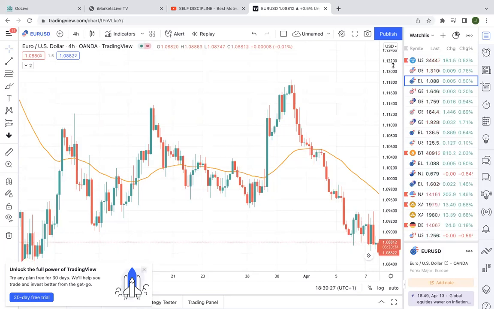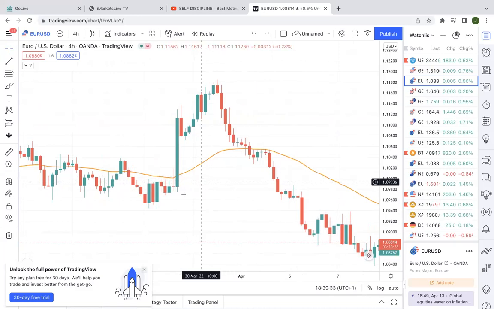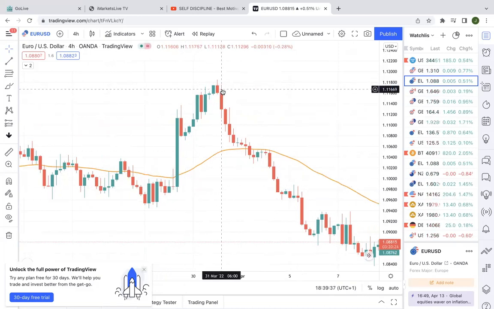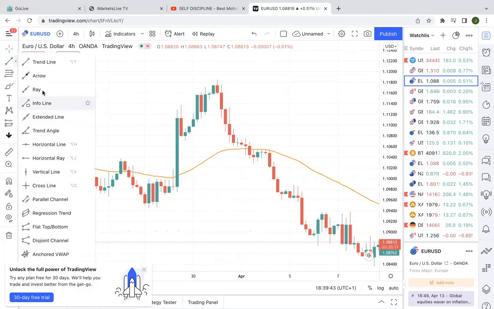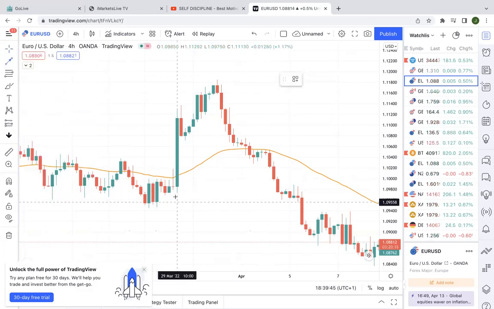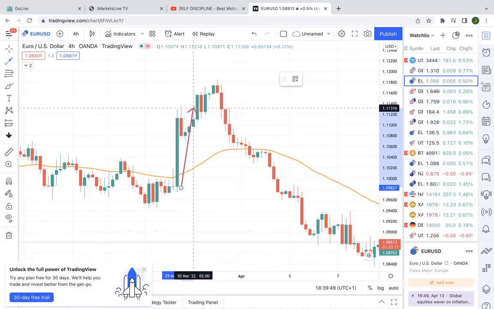All right, so let's take a look at this, right? So here, guys, is what I would say is a rally, a base, and a drop, right? So we are rallying up, it's going up, right?